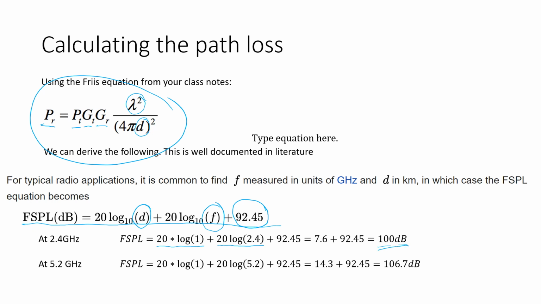Remember that's equivalent to minus 100 dBs in the overall picture. And at 5.2 gigs, which is one of the frequencies that might be used in the A spectrum, everything but the frequency is the same, and our free space path loss is a little bit higher, an extra 6 dBs. In fact, 6 dBs is a lot of loss of power, really. So we're talking about 106 dBs. We need to feed that into our overall calculation.